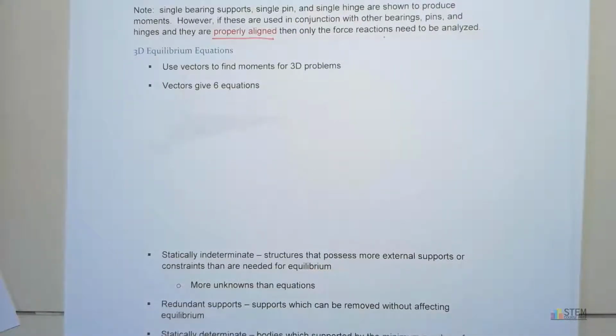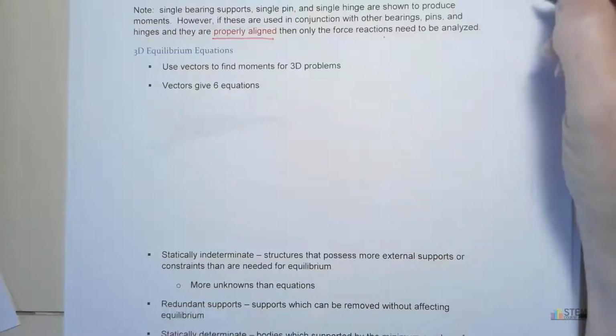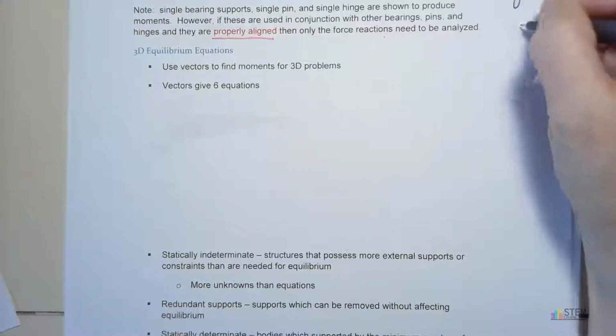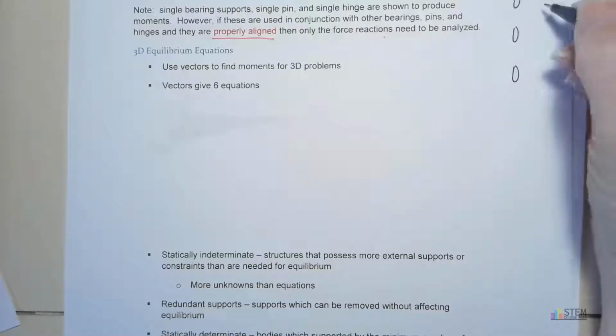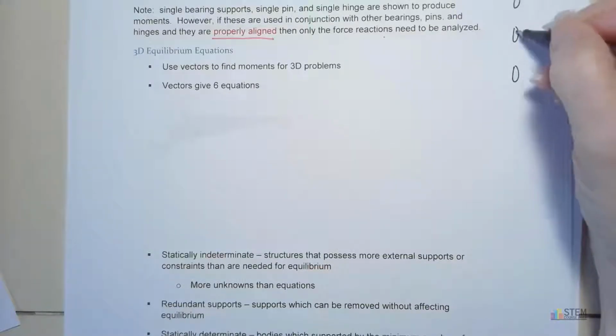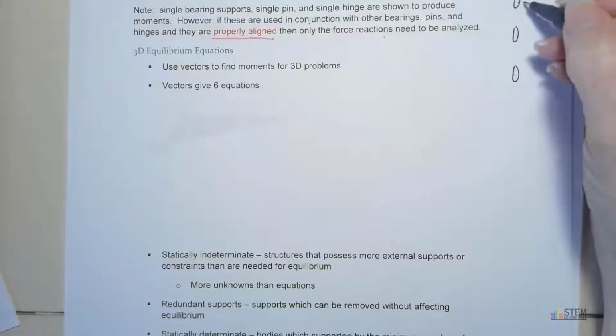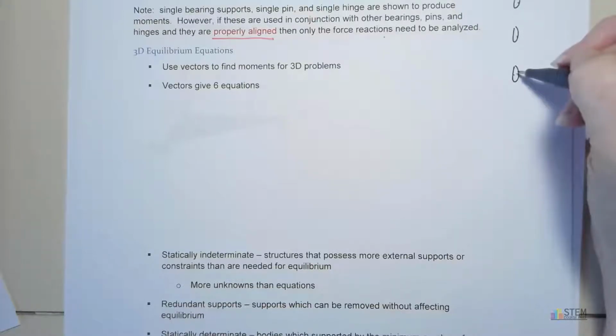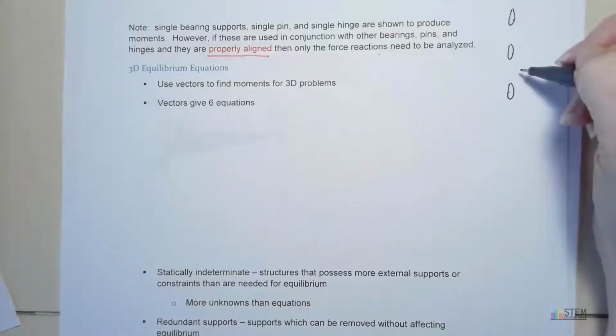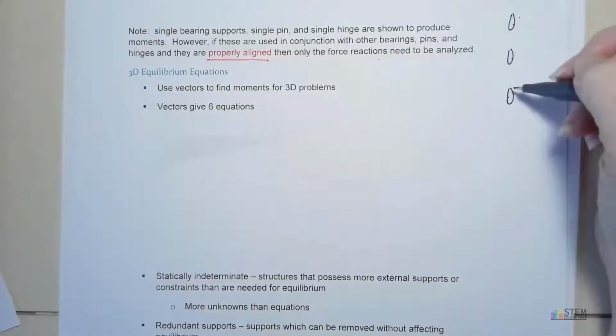Now, if you think about these being used together, so if we've got 3 hinges holding a door up, do we really need the moments produced by the supports when it's already got the 3 hinges? So think about if we have a hinge here, here, and here holding the door up. Since these are fixed in these 3 places, is that door going to be able to rotate about any of the other axes other than the hinge axis anyways? No. So it can't rotate about the other axes anyways.